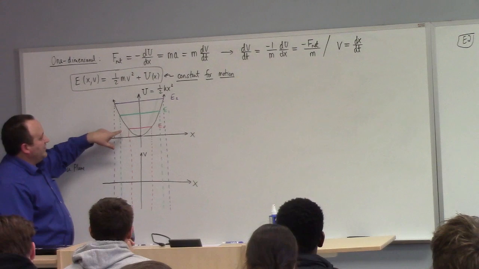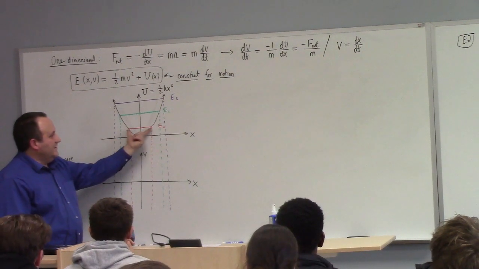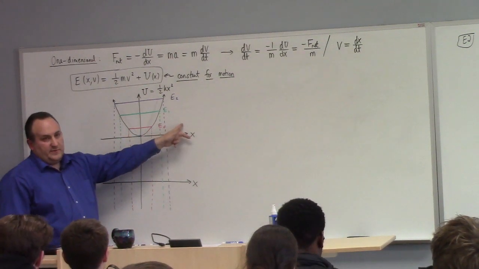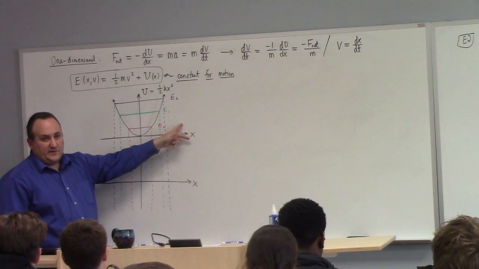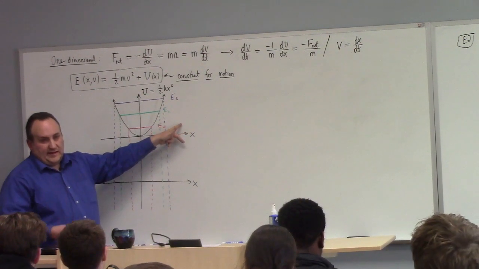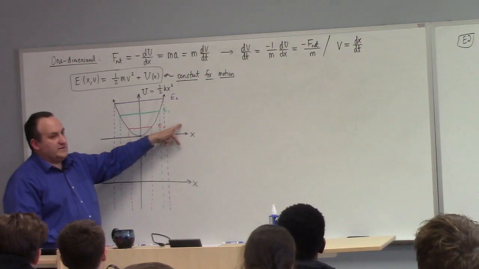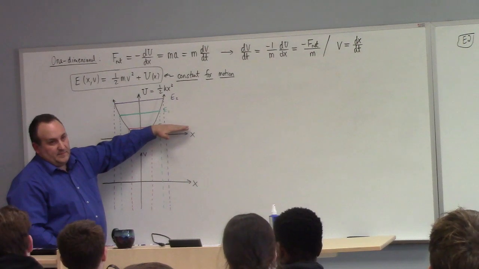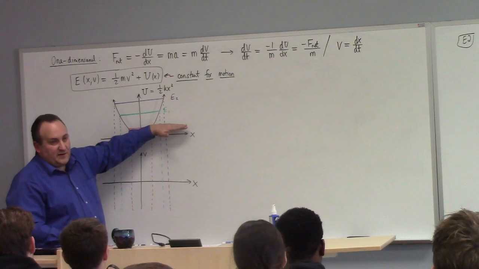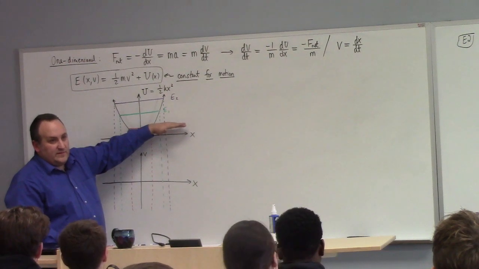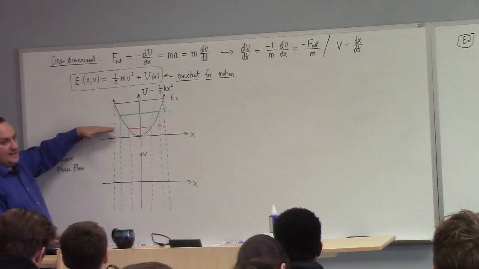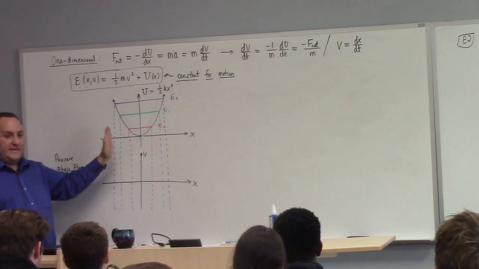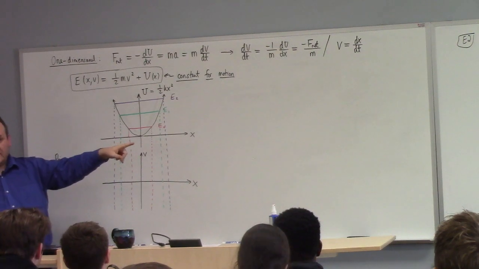If I somehow had a motion past where I've drawn, then the only way the sum of the energies could be E naught over here would be if you had a negative kinetic energy, since potential energy plus kinetic energy is equal to the energy that's given. That's impossible. So for the given energy level E naught, you're stuck between those two extremes. The motion's bounded there. That's the min-max we explicitly found for the previous example, right?